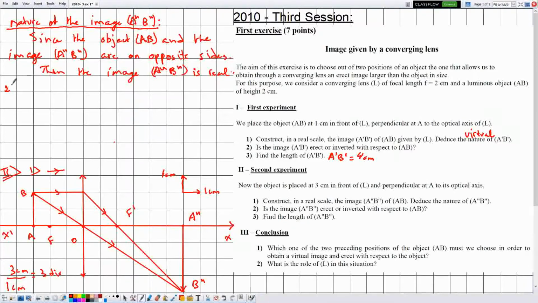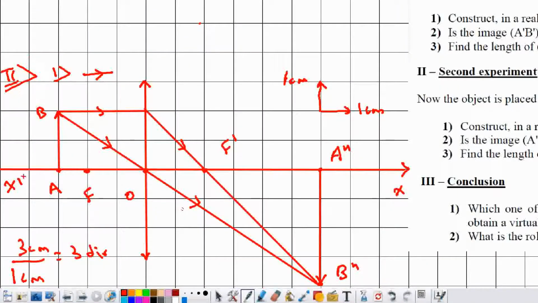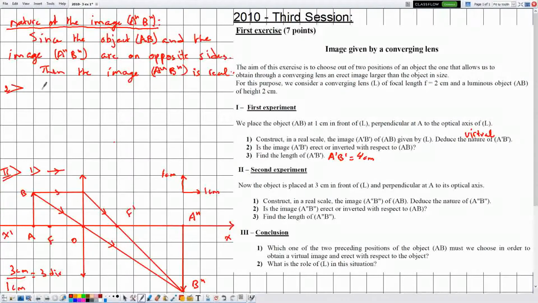Now in number 2, they are telling me is the image A double prime, B double prime erect or inverted with respect to AB. Notice that AB is pointing upward, whereas A double prime, B double prime is pointing downward, which means that A double prime, B double prime is in the opposite direction with respect to AB, which means it is inverted. Okay, the image A double prime, B double prime is inverted with respect to the object AB.